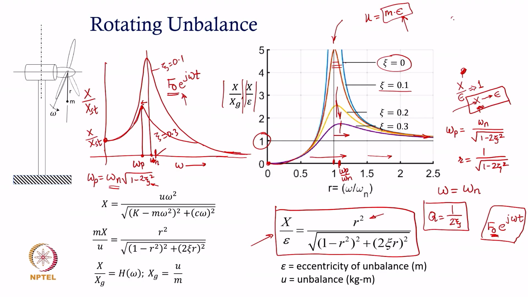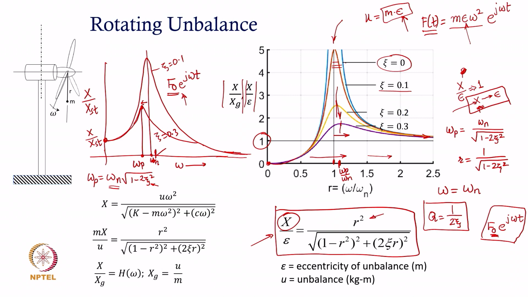Mathematically, what is epsilon? It determines the magnitude of your unbalanced excitation force F of t. When you reduce epsilon, you are essentially reducing the excitation force itself. So, when there is a minimum force exciting the system, there will obviously be minimum response, away from the resonance of course, and even otherwise x is going to depend on the magnitude of your excitation force.